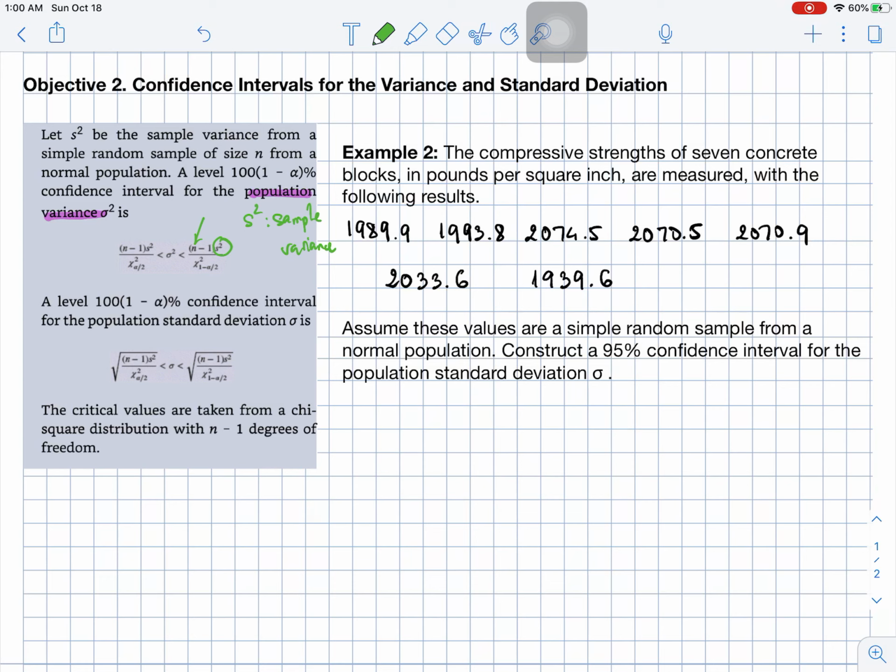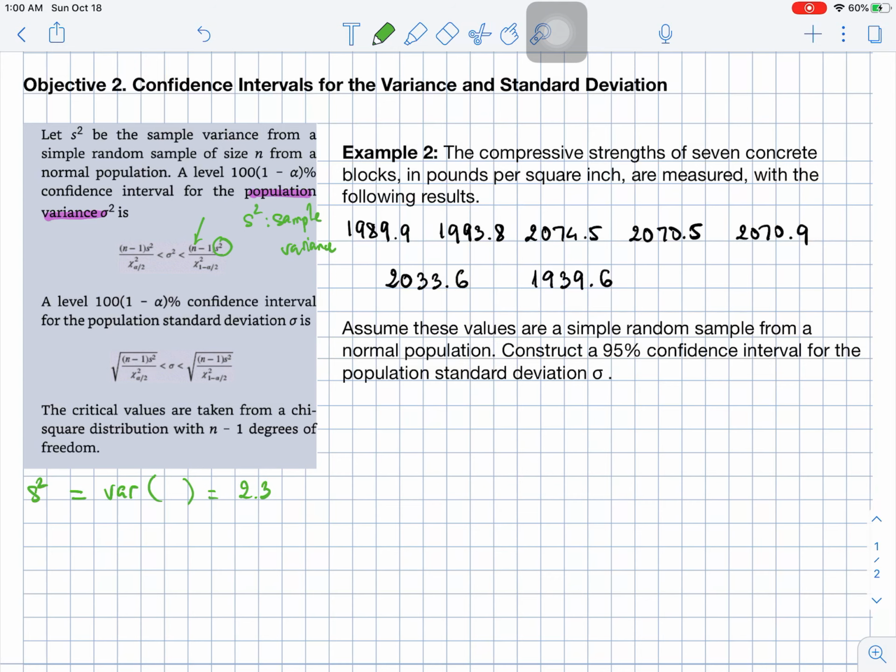Now we look in more detail at the formula. n is the sample size. s squared is the sample variance. You recall from chapter 2, if we want to find the variance, we just do equal VAR.